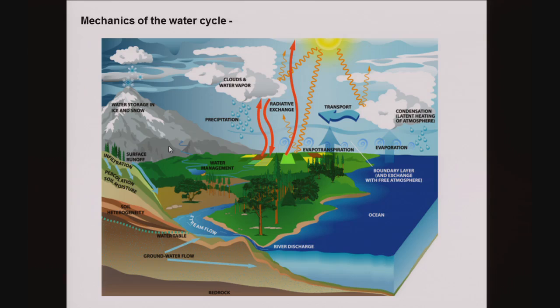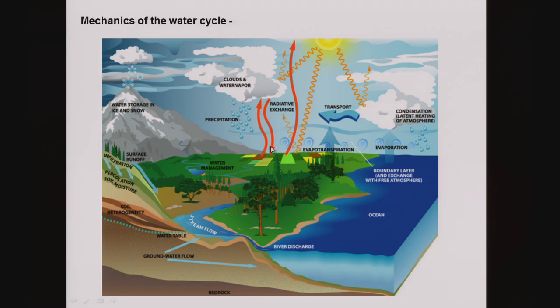So just a fairly brief overview slide of some of the processes that we can consider, and I won't dwell too much on this. We've got processes going on in the ocean, evaporation processes, condensation processes, and the latent heating when we get condensation. It gets transported and forms clouds. They sometimes precipitate. If the droplets are big enough, they can start to fall through the atmosphere and get to the ground.